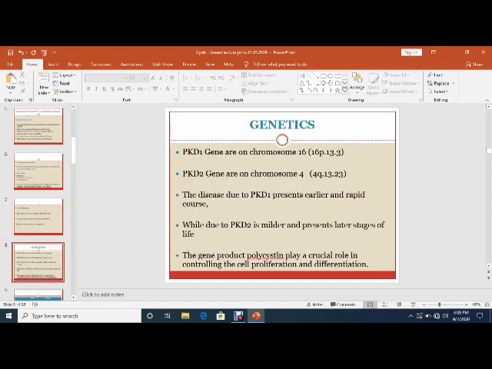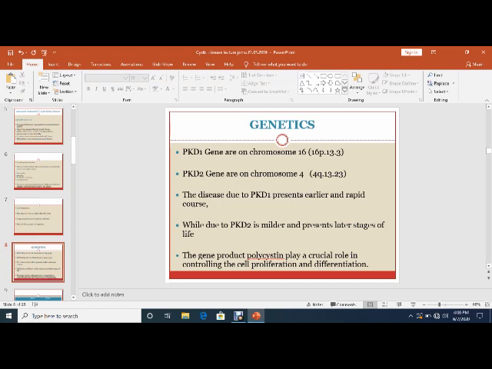Now coming to the genetics of this polycystic kidney disease, there are two types of genes, PKD1 and PKD2. PKD1 gene is on chromosome 16 and PKD2 gene is on chromosome 4.